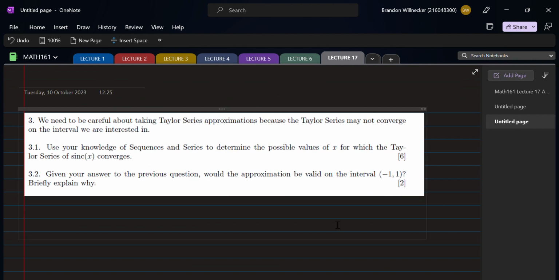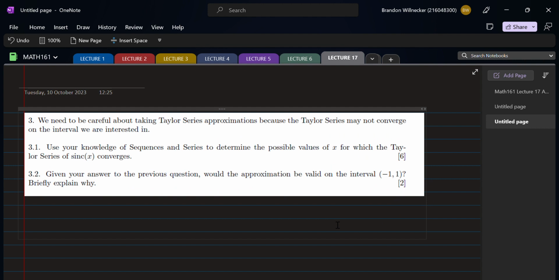Okay, so we've made this approximation. Now we want to see, does it actually work? Can we use this approximation? So we know that with Taylor series, sometimes the interval of convergence is minus infinity to plus infinity.